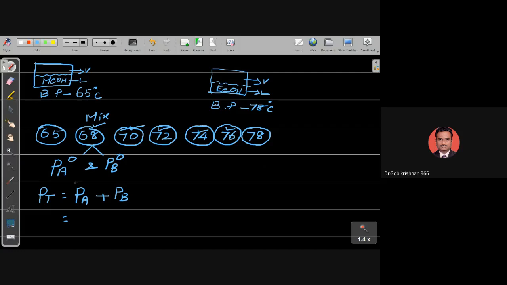I can write the partial pressure with the help of PA0 into XA. This expression is based on Raoult's law.